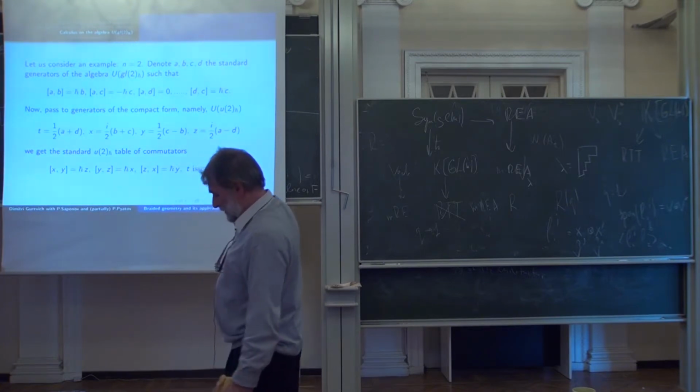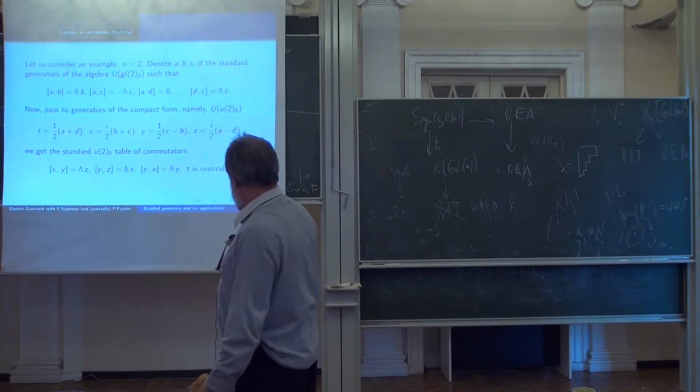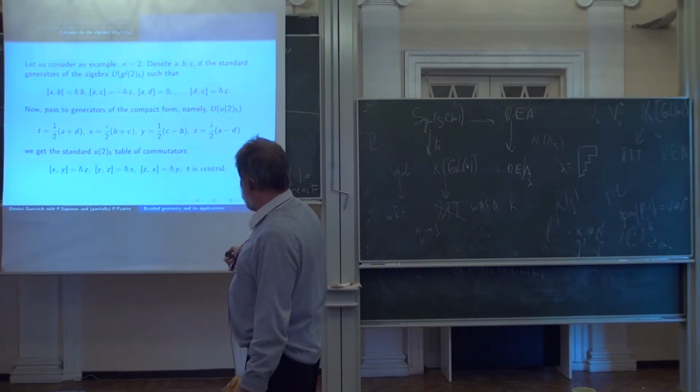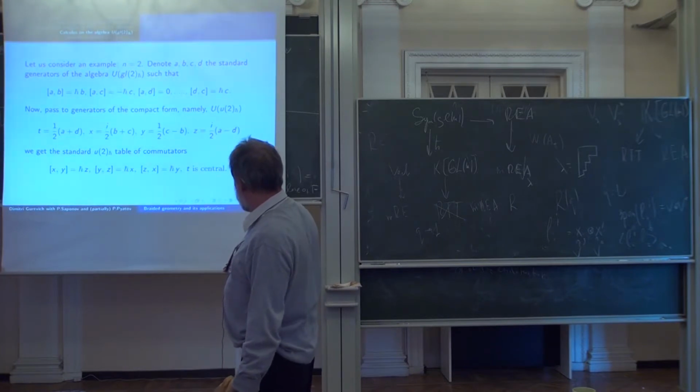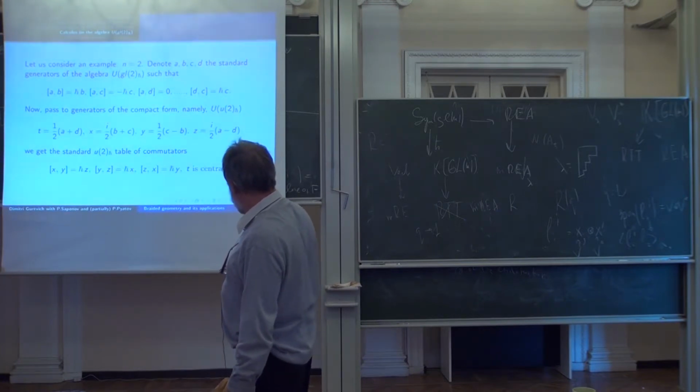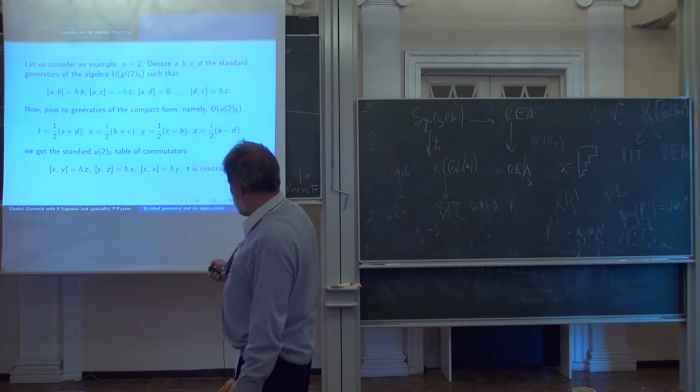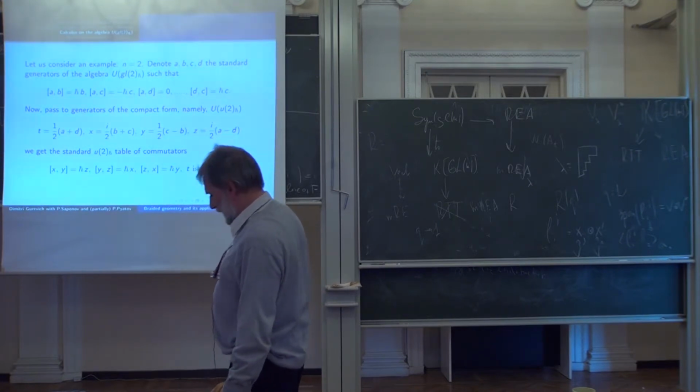So I present here only an example. We have an algebra generated by four generators, A, B, C, D. I prefer to pass to the quantum compact form, namely this algebra. So we have free generators which form SU2, and T is central.